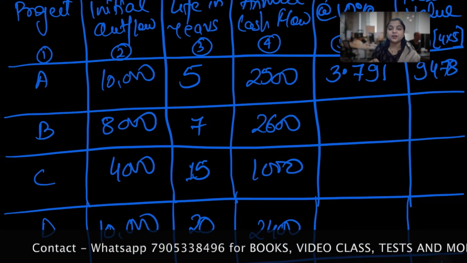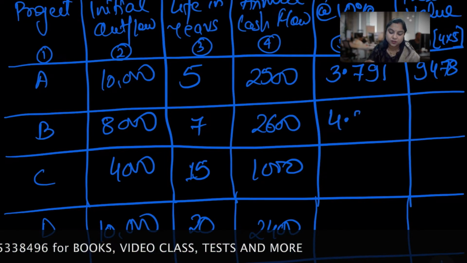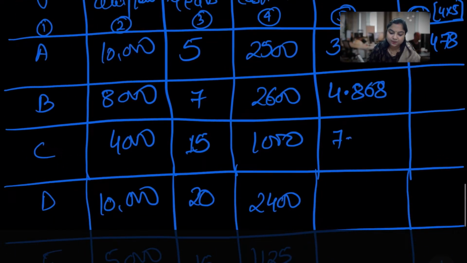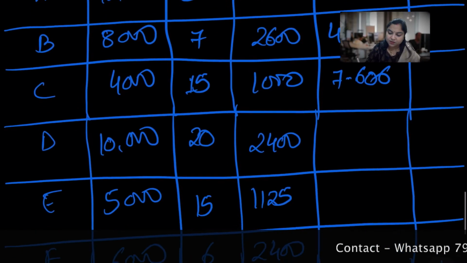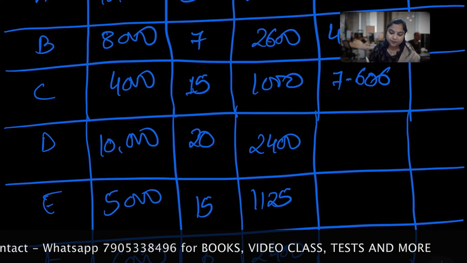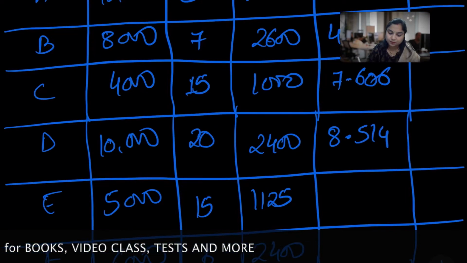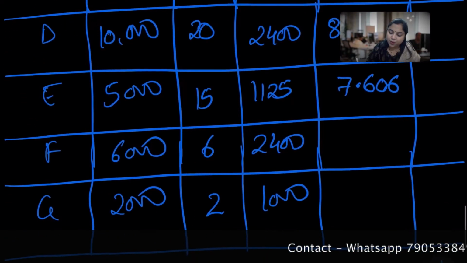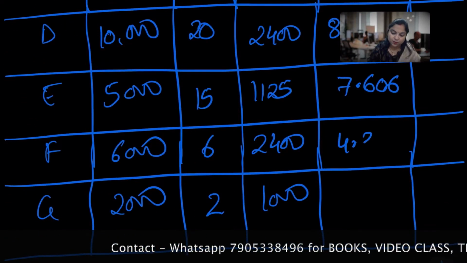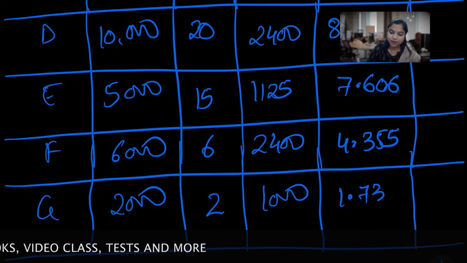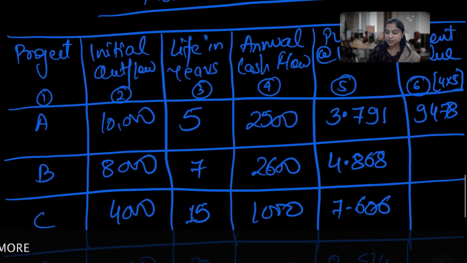PV please write down. For A we already mentioned 3.791, for B 4.868 please, for C 7.606, for D it will be 8.514, for E 7.606, for F 4.355, and for G 1.736.